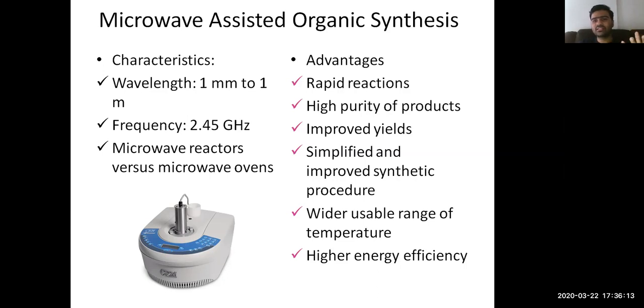Now that means the unreacted reactant problem is not going to be much of an issue when you do microwave assisted synthesis, and therefore your products are going to be of high purity. You also have improved yields because you achieve the desired activation energy for all the molecules so that they can get converted into the products. So often the yields of microwave synthesis are superior as compared to conventional reactions.